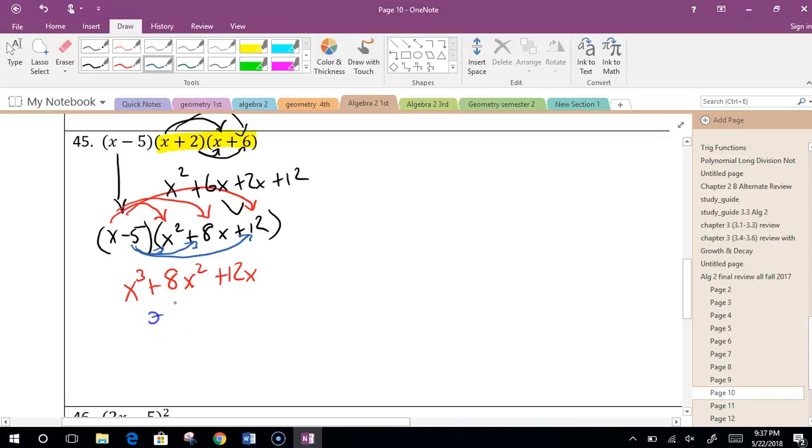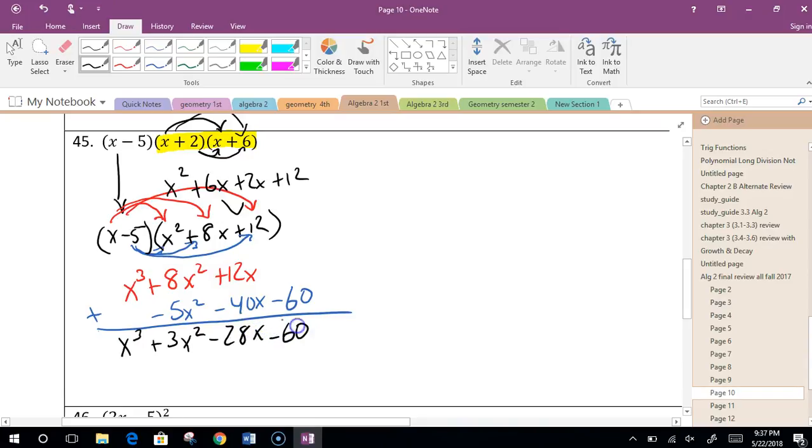So that would give us negative 5x squared minus 40x minus 60. Line underneath, add straight down. We would end up with a final answer here of x to the third plus 3x squared minus 28x minus 60.